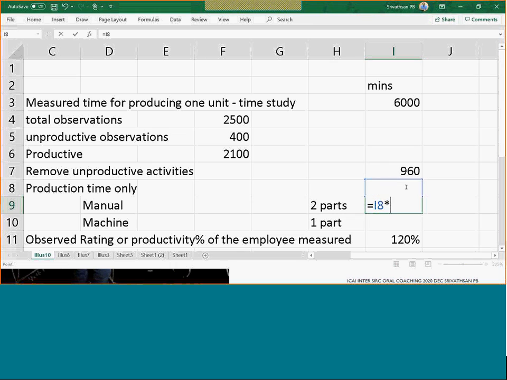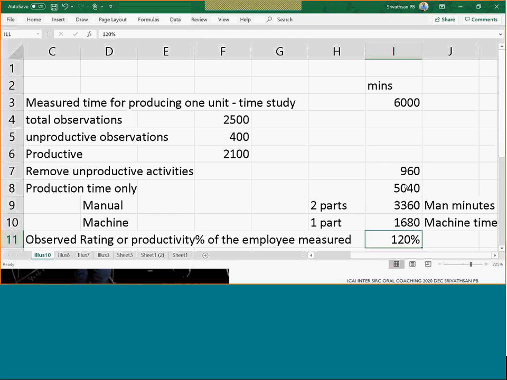One part of this, 2/3 is manual time. So 1,680 minutes machine time, 3,360 minutes manual time.